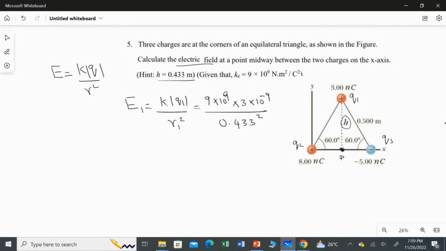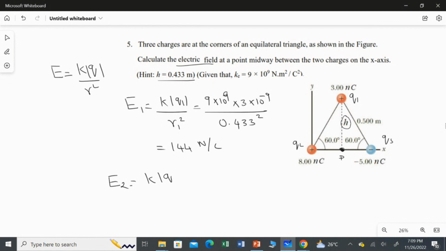I directly use this value because H is the distance between the charge Q1 and the point P. So better I calculate first. 9 times 10 power 9 multiplied by 3 times 10 power minus 9 over 0.433 square. I got the answer as exactly 144. What's the unit? Newton per Coulomb.